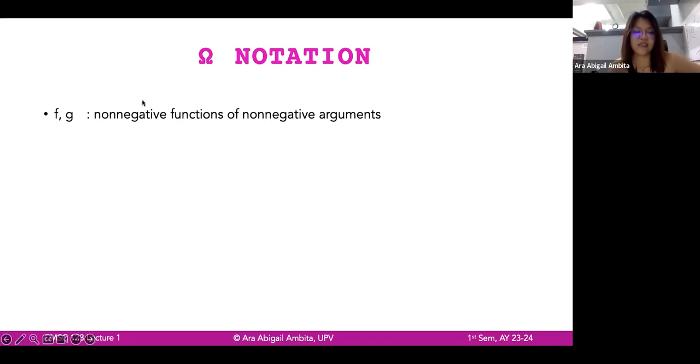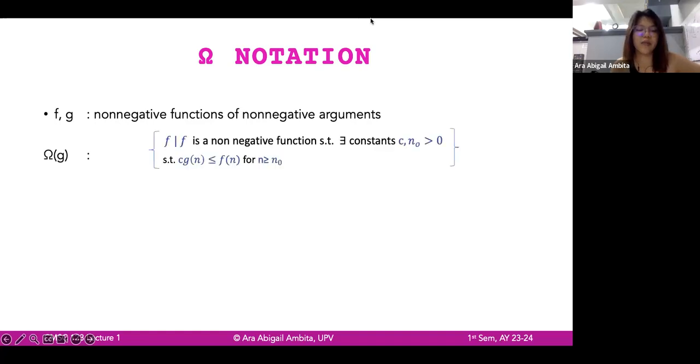The big omega of g is the set of non-negative functions f with non-negative arguments, such that there exist constants c and n naught greater than 0 such that g of n multiplied by some constant c is always less than or equal to f of n for input sizes greater than or equal to the initial input n naught.